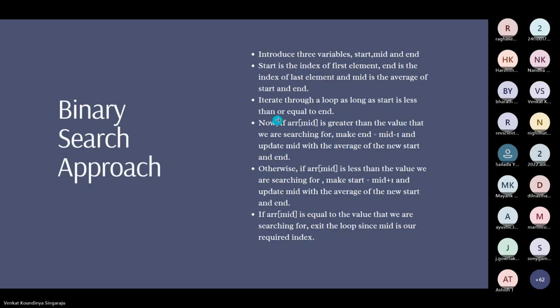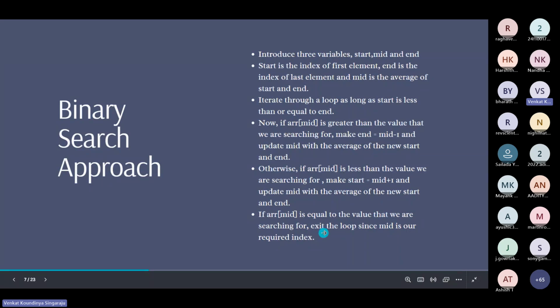If array[mid] is greater than the value we are searching for, we make end as mid minus 1 and then update mid with the average of start and the new end. Otherwise, if array[mid] is less than the value we are searching for, we make start as mid plus 1 and again update mid with the average of start and end. If array[mid] is equal to the value we are searching for, we exit the loop since we have found our value, and mid is the required index at which our value is present.